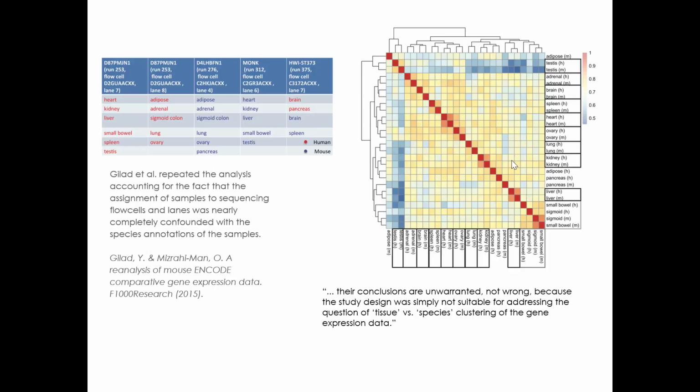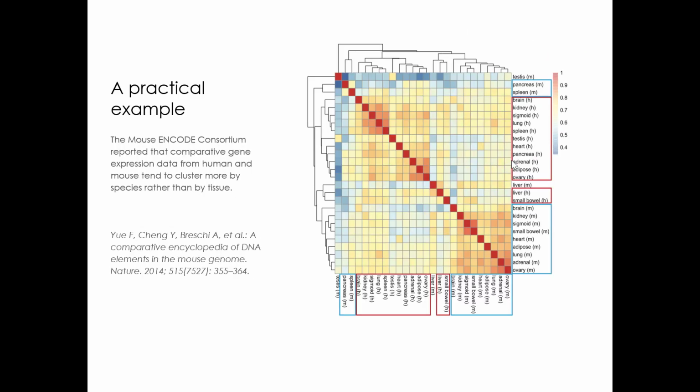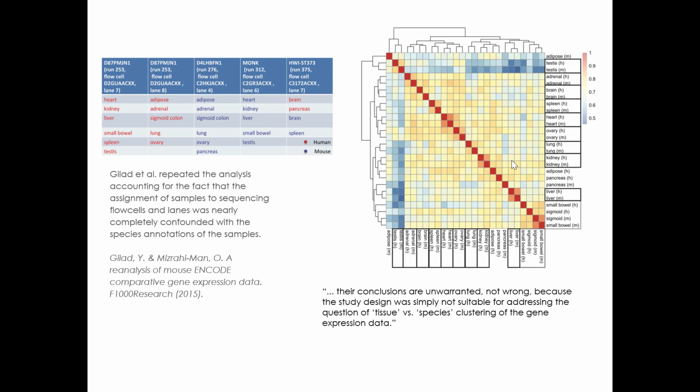Then this was published, actually in Nature, and then another group reanalyzed this data, and they came to the opposite conclusion. They concluded that in fact mouse liver and human liver were closer to each other than, let's say, mouse liver to human brain.